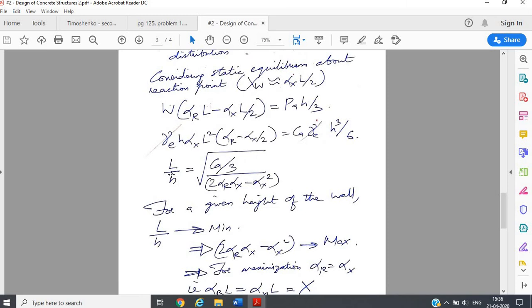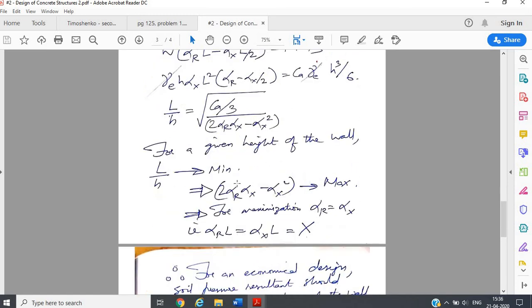But what you have to control is the length. So you can say that for economic design L by H should be minimum. So for L by H to be minimum, the denominator should be maximum. The denominator is 2 alpha R alpha x minus alpha x square. For that to be maximum, we can say that it is maximum when alpha R equal to alpha x.